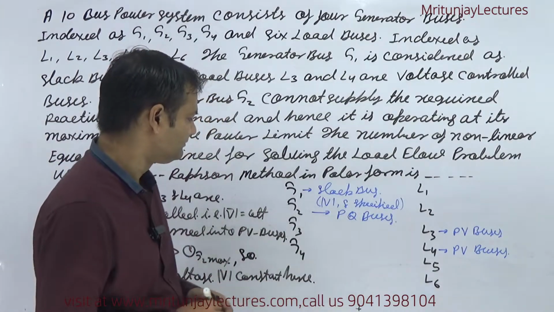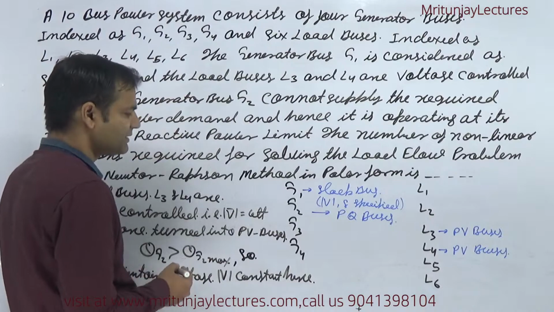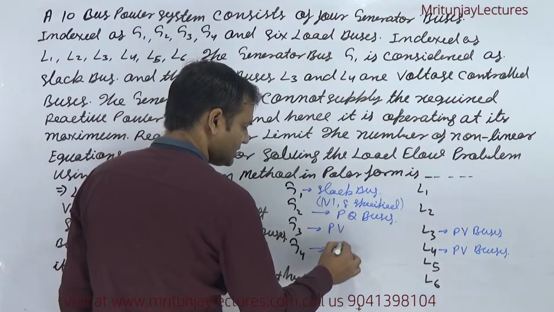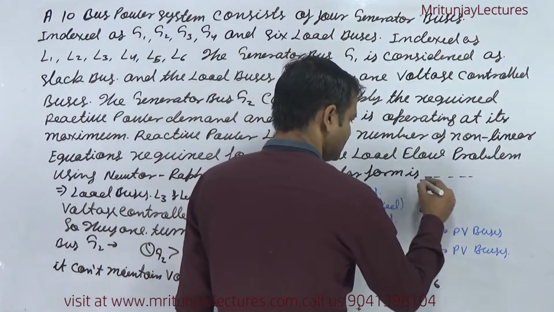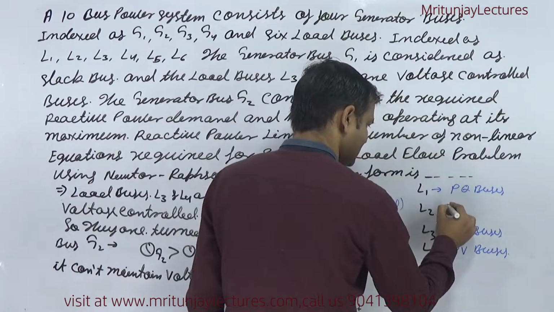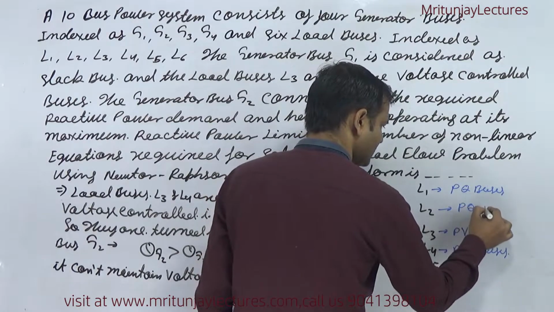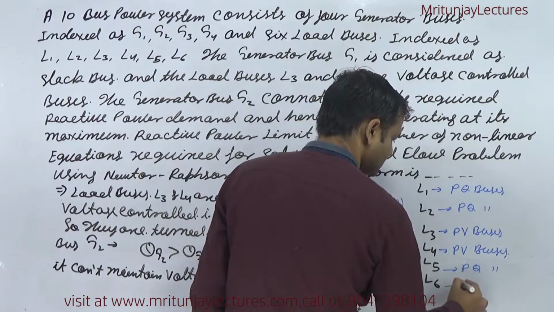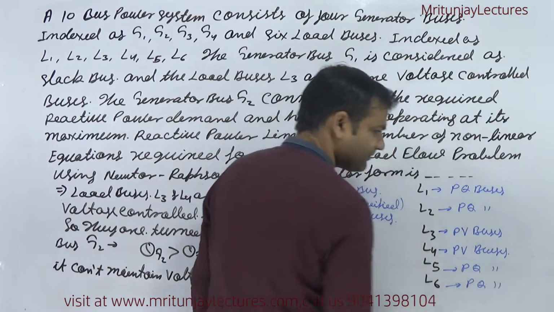Now what about the remaining buses? They are already given as PV buses. And the others are PQ buses. Clear or not?